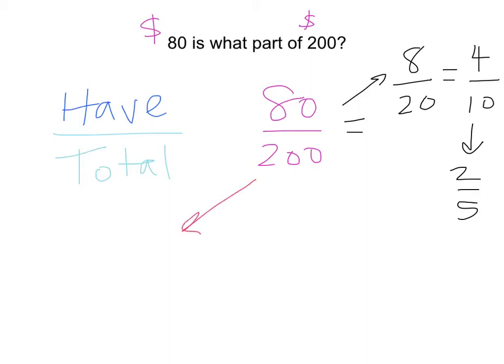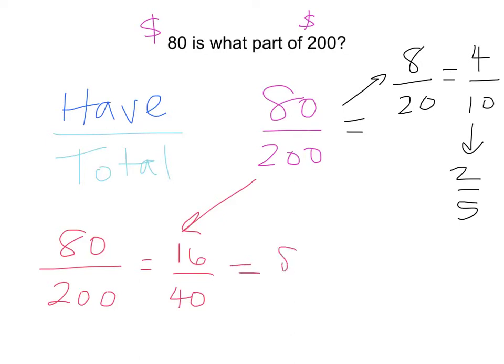Other people may divide by 5 and get 16/40. They might divide by 2 and get 8/20, then divide by 4 and get 2/5. Again, lots of ways to get to the answer. The only thing that really matters is that you get to the right place regardless of the route you take.